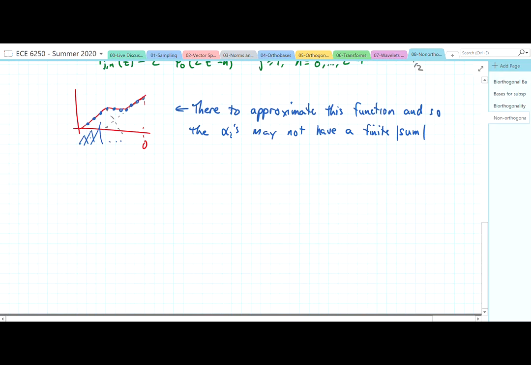So let me just make a note. Form a Riesz space if some conditions are met.